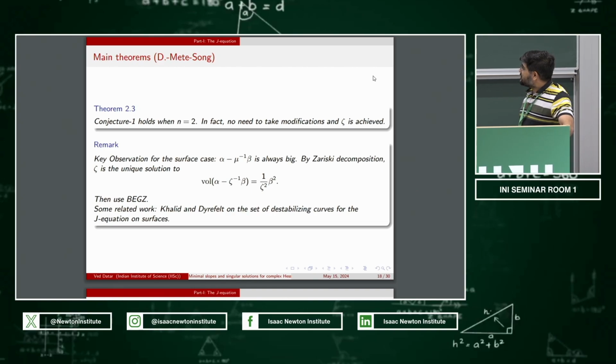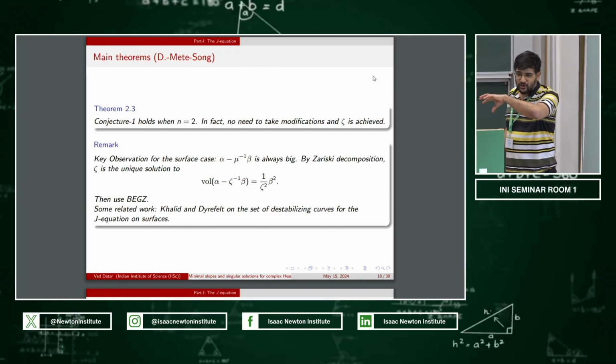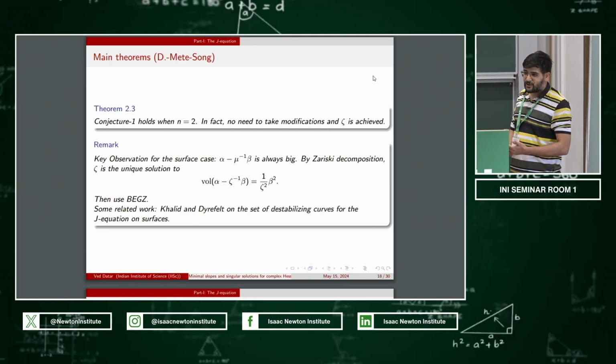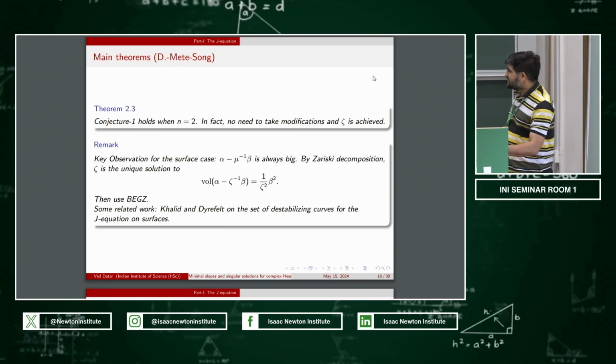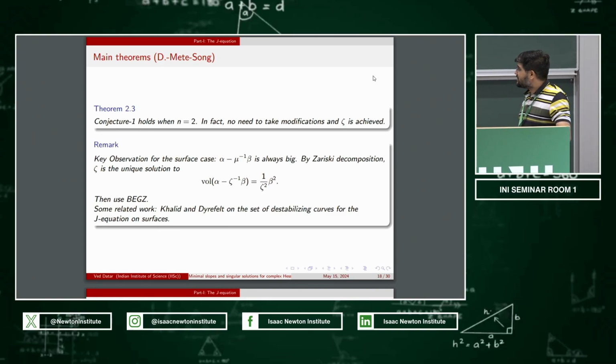And what they do is use this class, take the Zariski decomposition for this, and look at the negative part of the Zariski decomposition. That will be a divisor consisting of finitely many curves. And these are precisely the curves which can destabilize your triple. Okay, so our work is very closely related to this work of Khalid and Dirichlet.